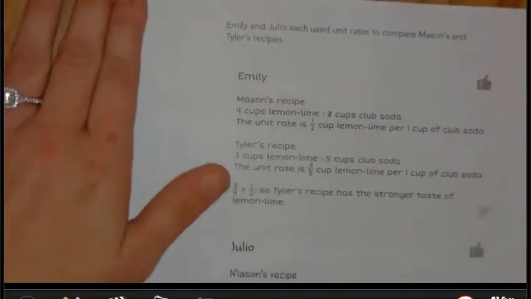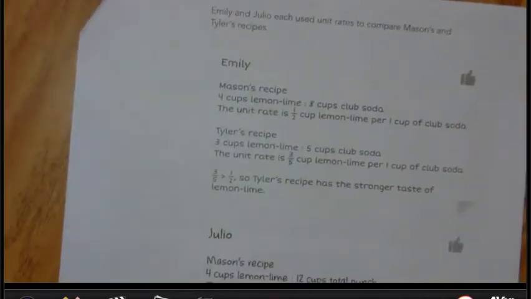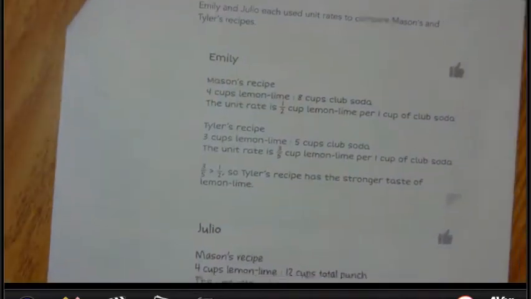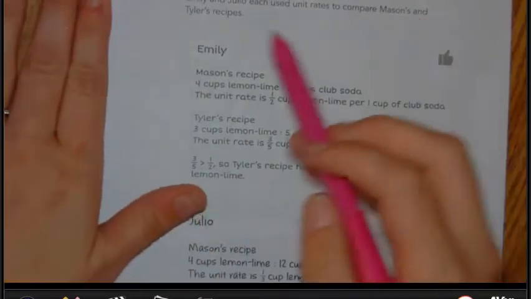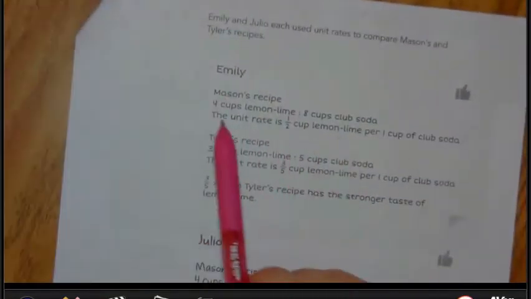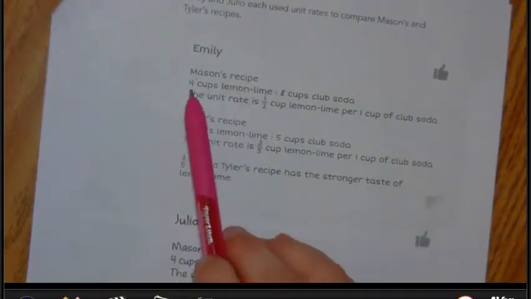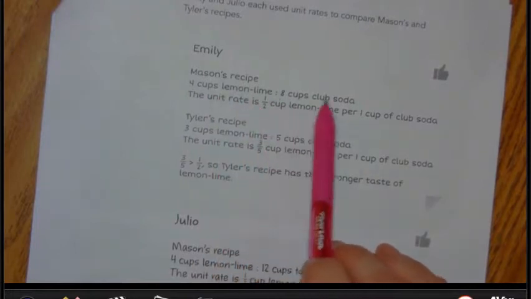All right. Look on over to our second page here. So you just turn your little eyes and move on over. All right, so Emily and Julio each used unit rates to compare Mason and Tyler's recipes. Okay, so we're comparing Mason and Tyler's. So Emily says this: Mason's recipe, 4 cups of lemon lime to 8 cups of soda.